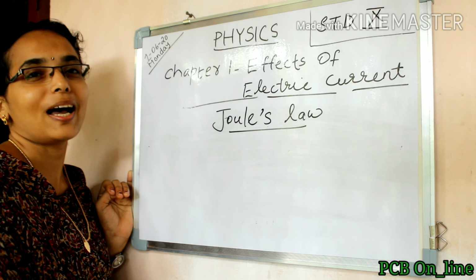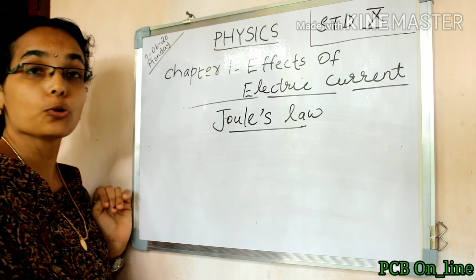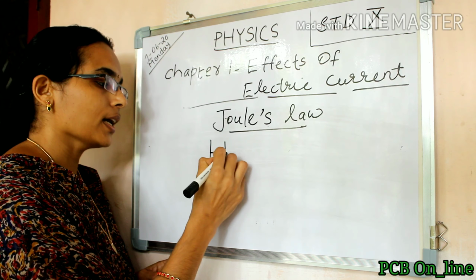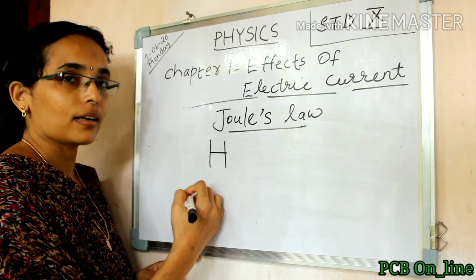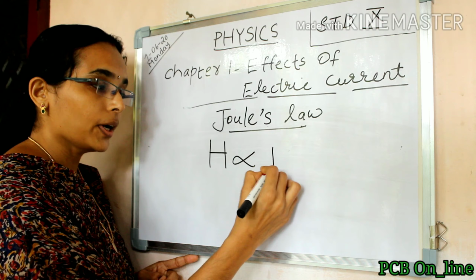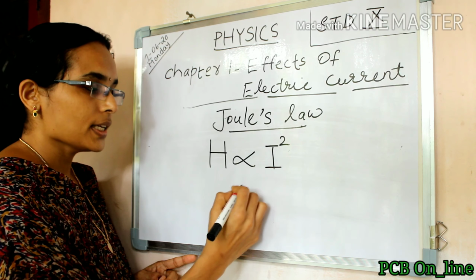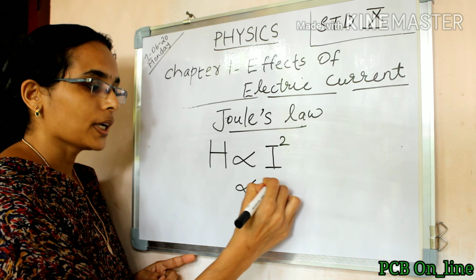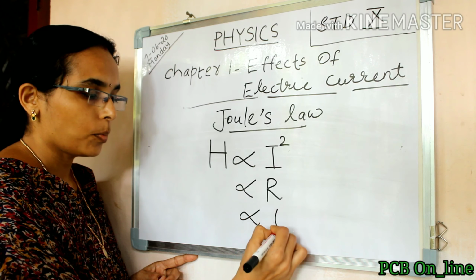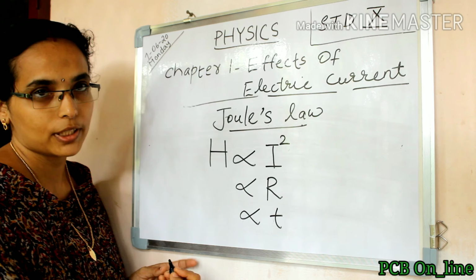James Prescott Joule arrived at a law which is called Joule's law, which states that the heat developed in a conductor which carries electric current will be directly proportional to the square of the current passing through it, directly proportional to the resistance of the conductor, and also directly proportional to the time for which electricity is passed through it.